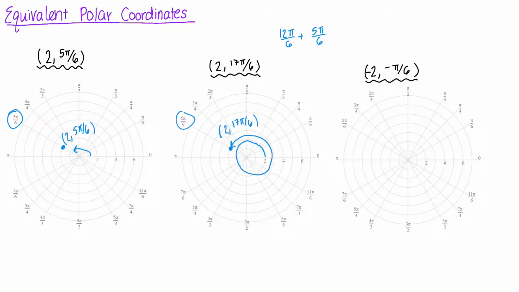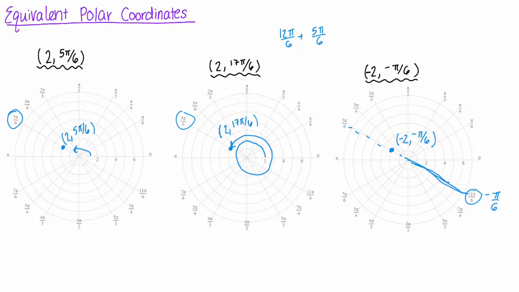So negative pi over 6 would be right here. This is negative pi over 6. And that would be the forward direction for negative pi over 6. But because our r is negative here, backwards direction is the one we want to go, 2 units up, bam, in the exact same place as all the other points there.